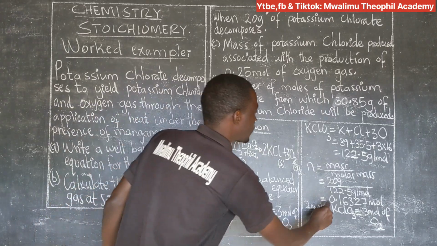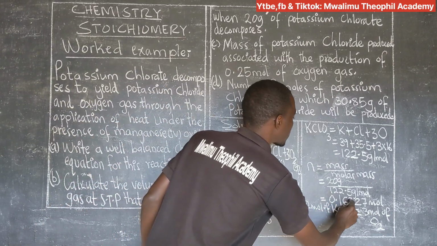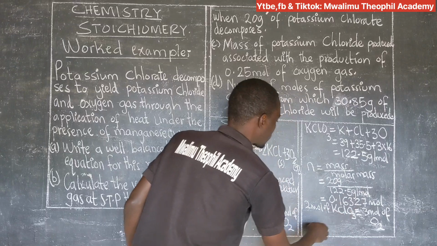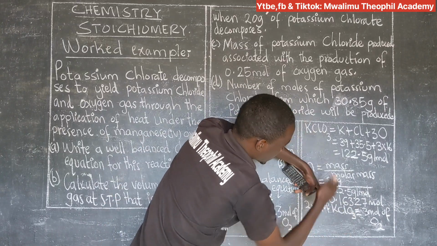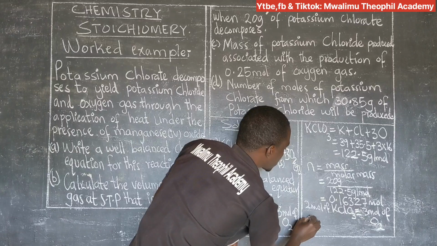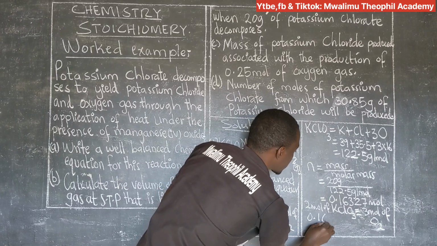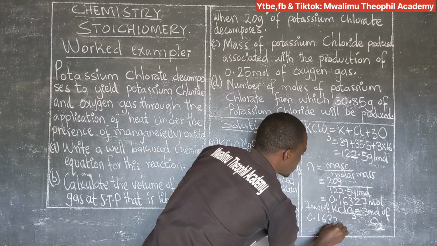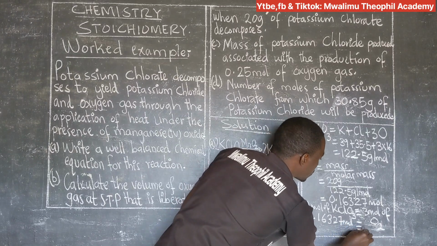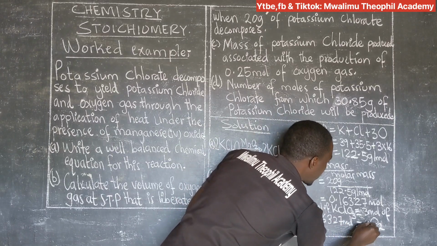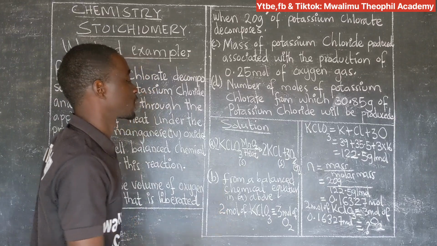Now, what about 0.16327 mole of potassium chlorate? For potassium chlorate, from the 20 grams given, the number of moles is equal to 0.16327 mole. This is equal to how much in terms of moles of oxygen gas?